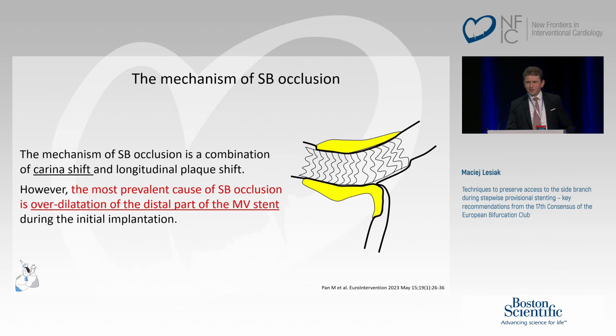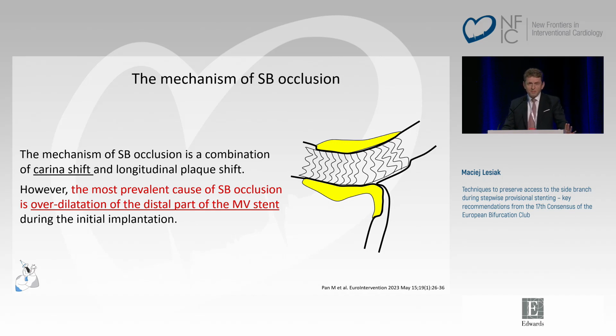Then the second issue is what is the mechanism of side branch compromise, and it can be plaque redistribution during ballooning or stenting. It can be a carina shift, but the most important thing is our mistake, which is just implantation of an oversized stent into the main vessel, as you can see here on this picture.